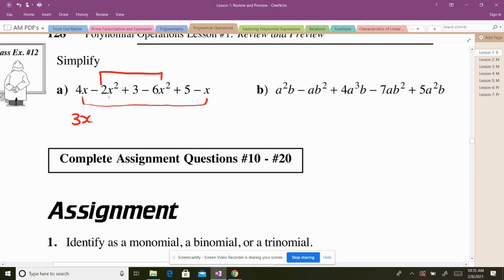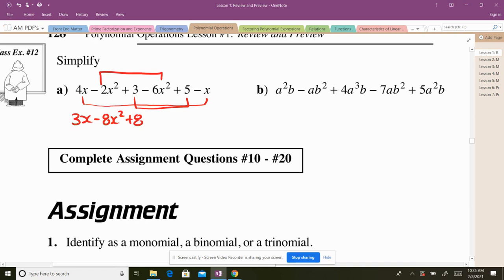Negative 2x squared minus 6x squared. What's that? How many x squareds? Negative 8 x squared. And then the 3 and the 5 become positive 8.